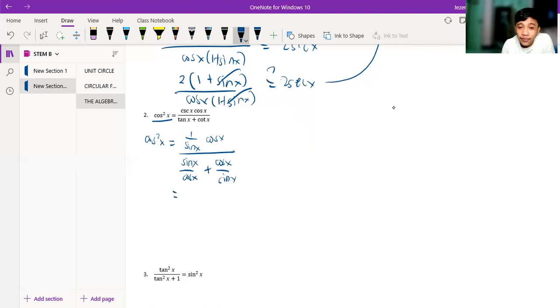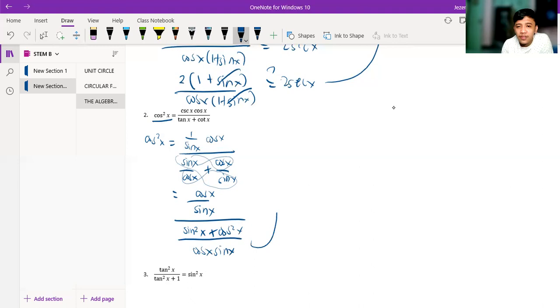And then butterfly method lang natin to. And ito hindi naman. So cosine x over sine x over, so sine times sine, sine squared x, plus cosine times cosine is cosine squared x, over cosine times sine x is cosine x sine x. And then, so cosine squared x is equal to, so ito ay 1.